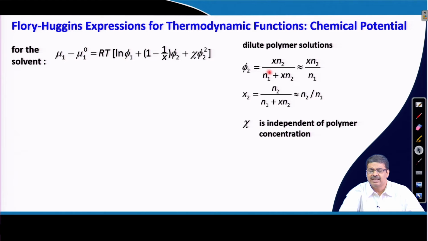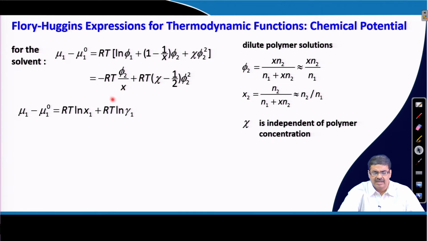Because this N1 is much higher compared to this term, we can write approximately this equals this. Similarly, the mole fraction of the polymer we can write approximately like this, and if we also assume that the polymer-solvent interaction parameter is independent of polymer concentration, then simply by mathematical expression we can write this expression from the original Flory-Huggins expression.